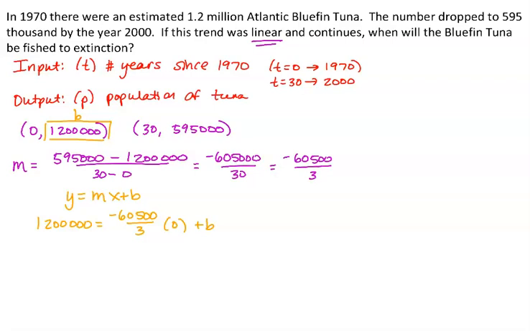So our fraction times 0 is just 0. That's another way to see that our value for b is just 1.2 million. So we've figured out m and we've figured out b. Now let's take a look at how we can use those to actually answer our question.